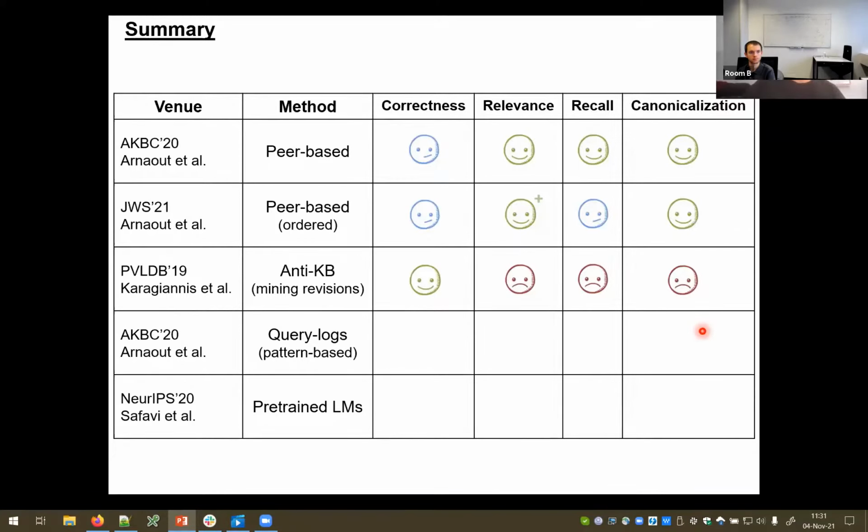Recall is not very high, again, because 60% of them are either synonyms or controversial topics or spelling mistake fixing, etc. Canonicalization is a big issue because, in this part of the tutorial, the goal is to add negation to the knowledge base itself. So I should be able to link the relations I find to a relation in the knowledge base. I should be able to link the entities to entities in the knowledge base. And that's a big problem in textual work because for many of them, you cannot link them back.